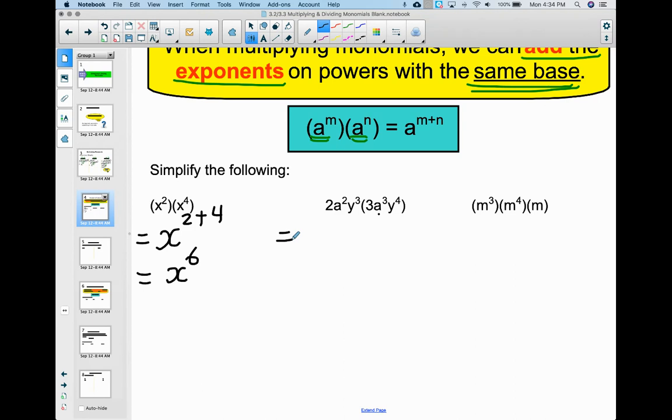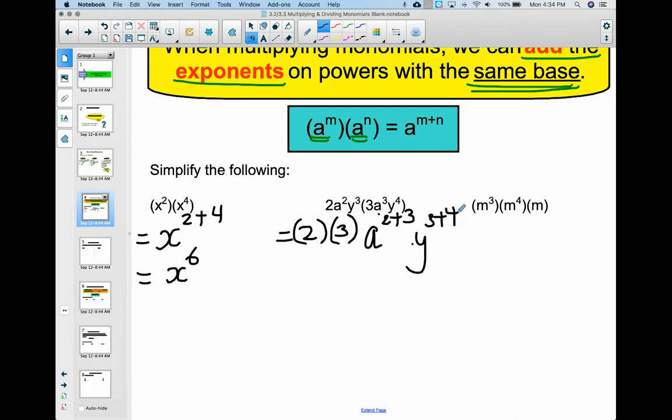In this case, we multiply the 2 and the 3 together, and then we can add the exponents of a squared and a cubed, and y to the power of 3 and y to the power of 4.